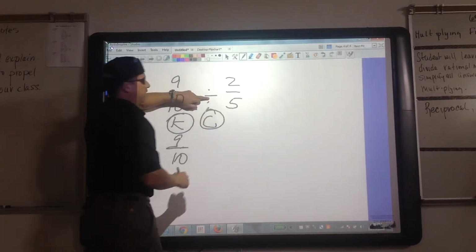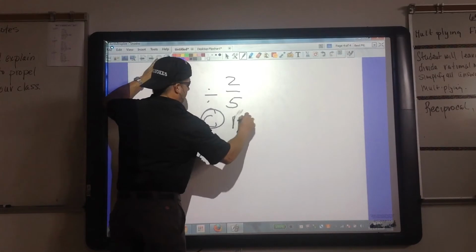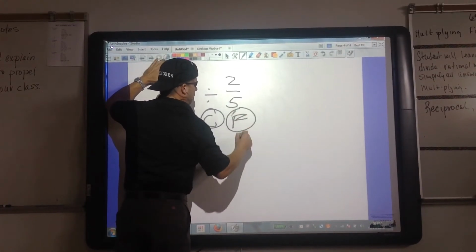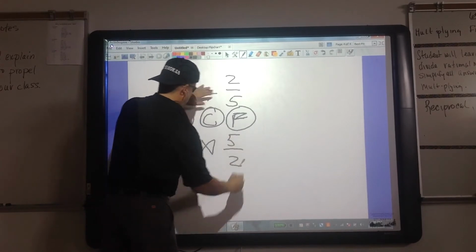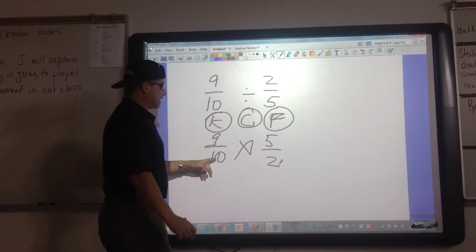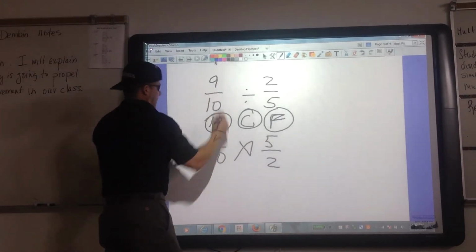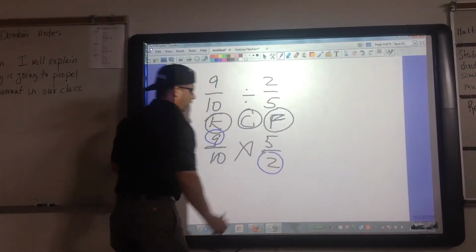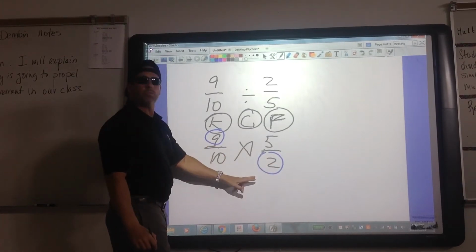Change division to multiplication. Flip, which is the reciprocal, 5/2. And I get 9/10 times 5/2. I look at the 9. I look at the 2. Is there a number that goes evenly into the 9 and 2?